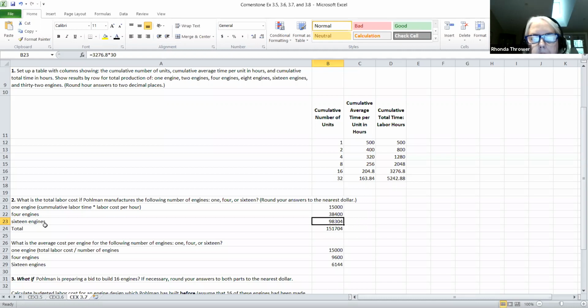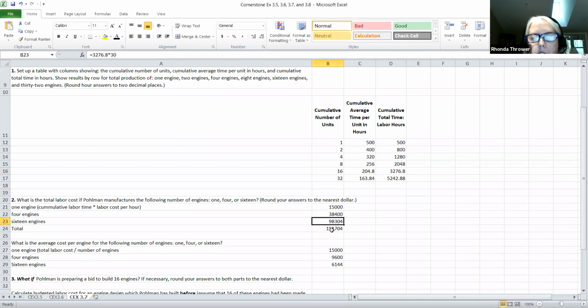So 16 engines took us this amount of hours here, and these hours would be multiplied by $30 an hour to get the 98,304.